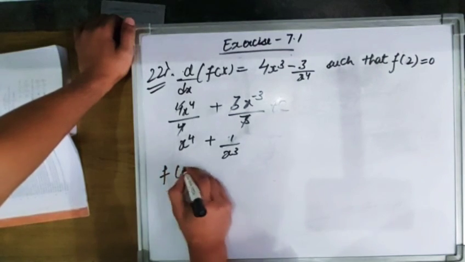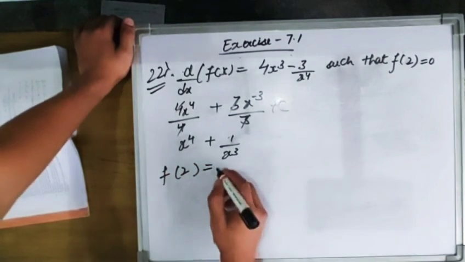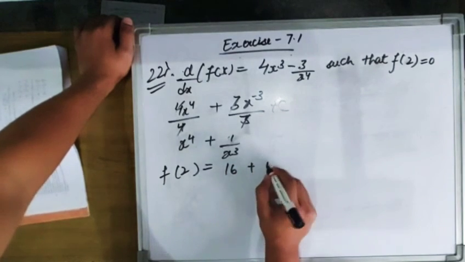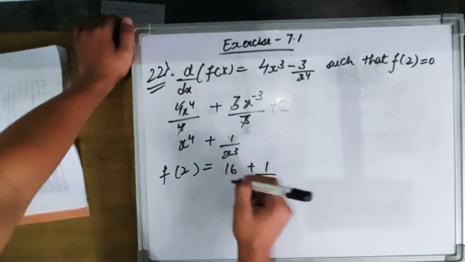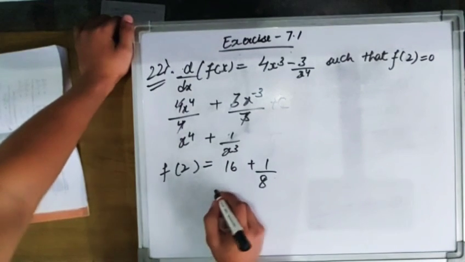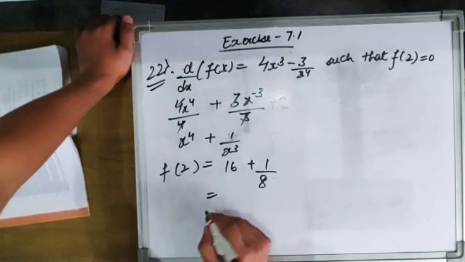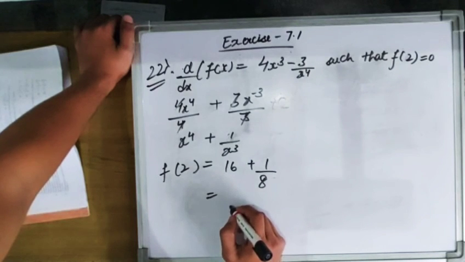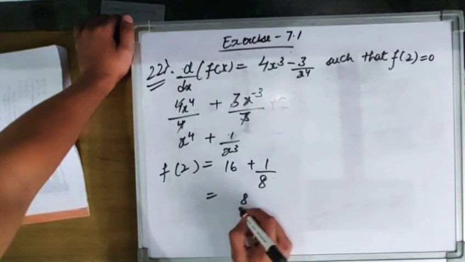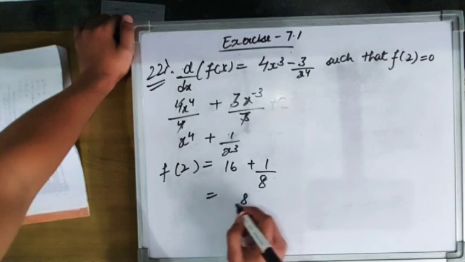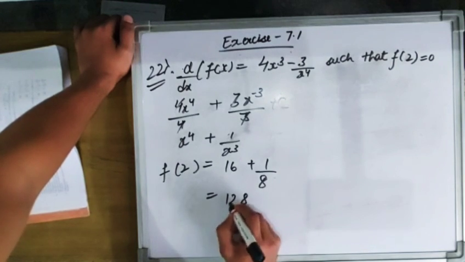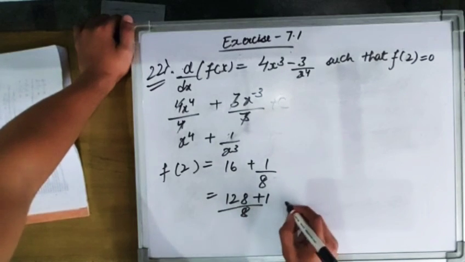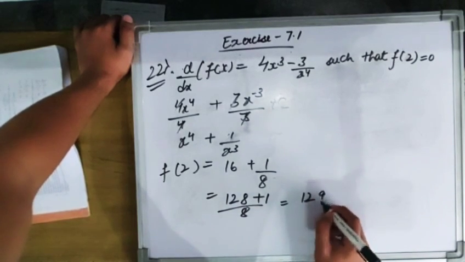It is given that f(2) is equal to 0. So simply finding the value of f(2): 2 raised to power 4 is 16, plus 1 by 8. Sixteen eights is 128, and adding 1 we have 129 upon 8.